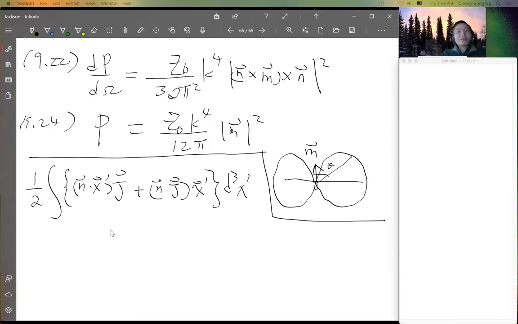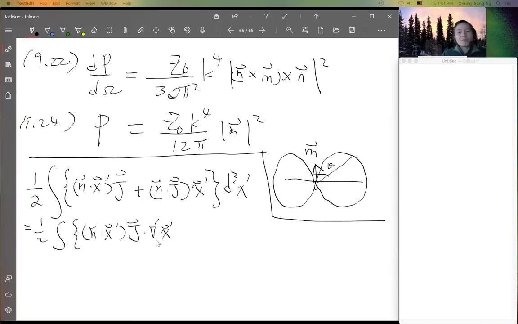The way to make it more complicated is just to introduce a gradient operator. So instead of writing J, we write it as J dot gradient prime of x prime. So J dot into a kind of tensor. This is gradient prime of a vector.